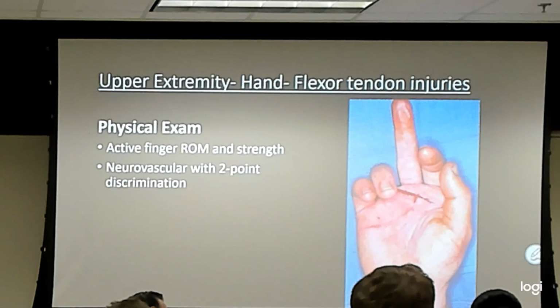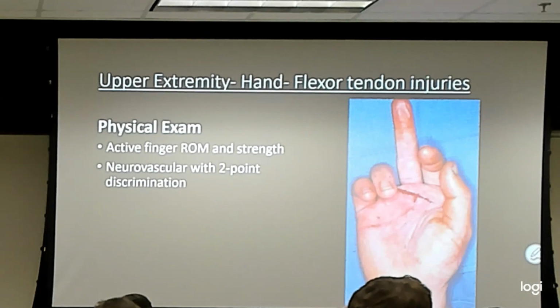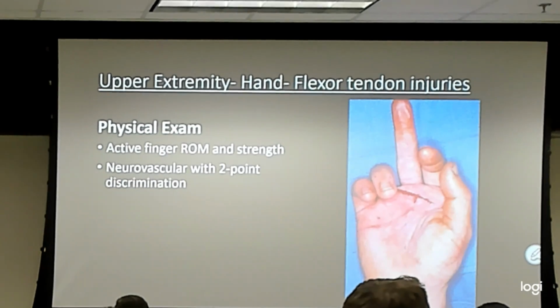Each of the sides of the star has 2 millimeters, 3, 4, 5, and they close their eyes and you say one point or two. When they start to be able to say two, you check blindly again, and the point where they started feeling two instead of one is that many millimeters. Okay, two-point discrimination.